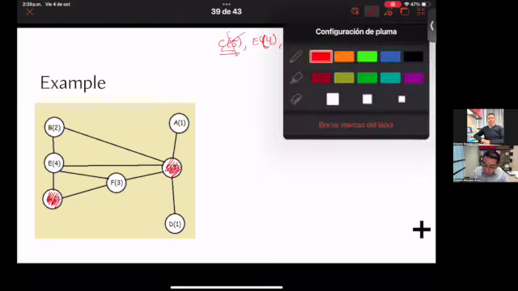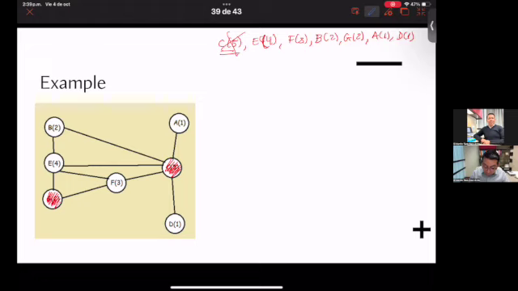So now we are going to pick another color, and I will choose E, which is the second in the list. So I will color E with this color and all the nodes which are not connected with E. And the only ones that are not connected with E are A and D, right? So this guy is gone.